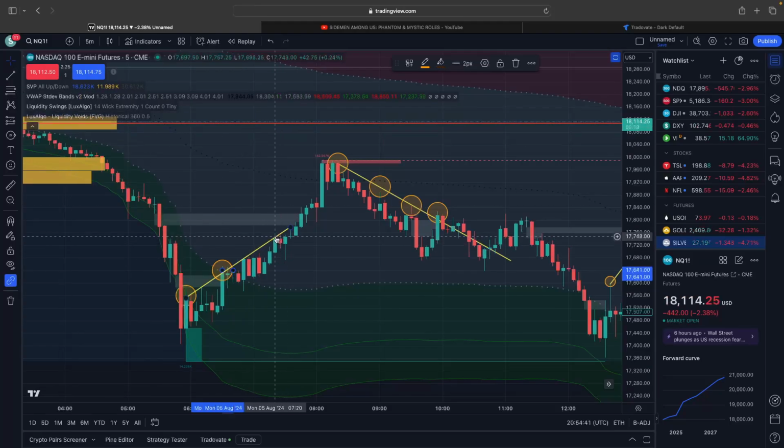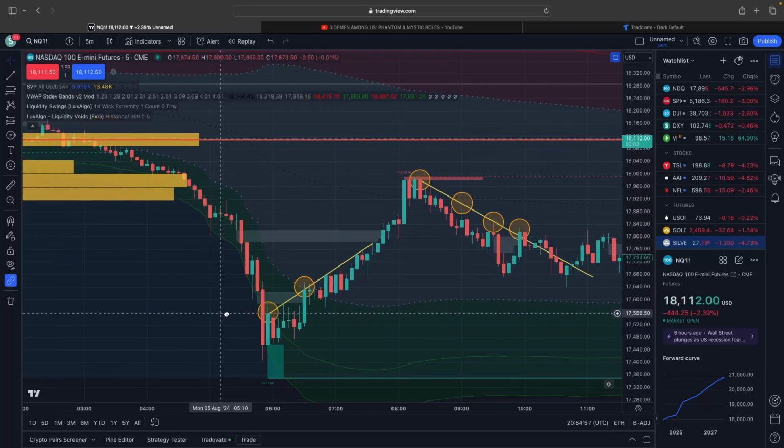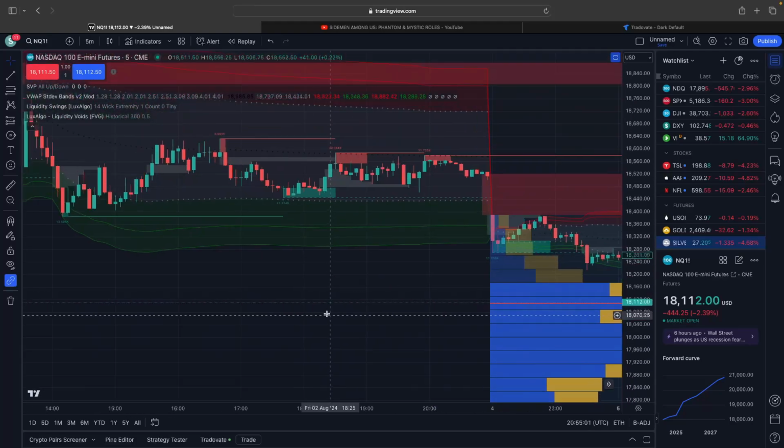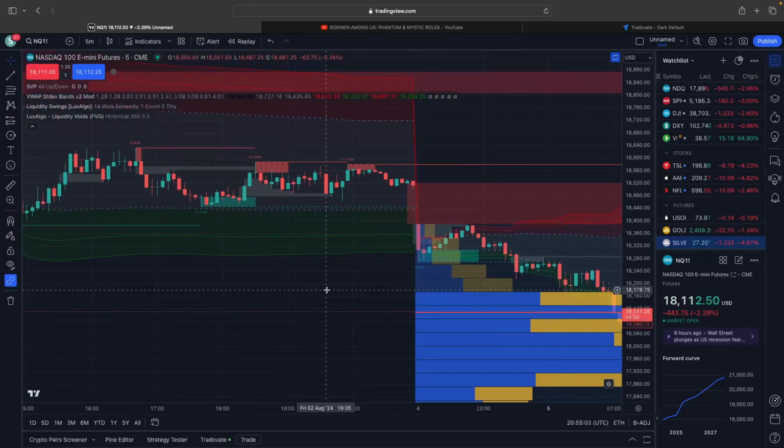So from here to there, it is an 8-point move. And what happens is we capitalize on an 8-point move to the upside, and we go down 50 points, right? Easy. Previous day. That's all in one day, by the way.